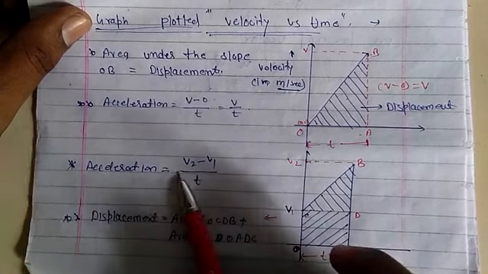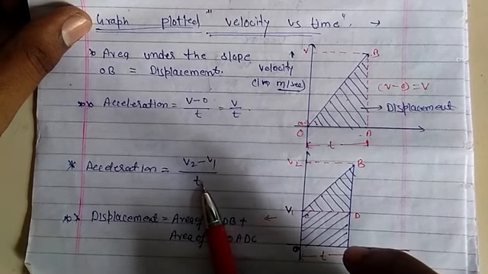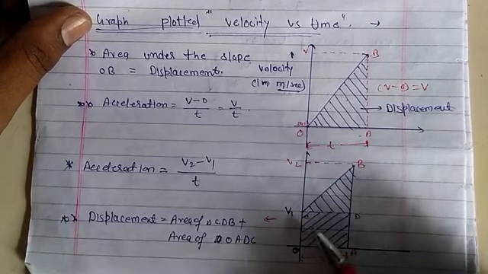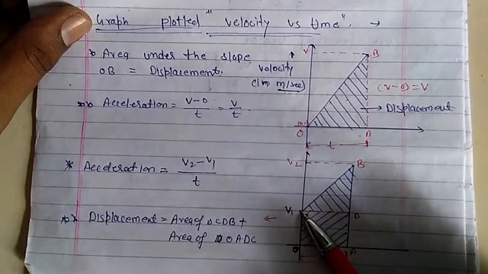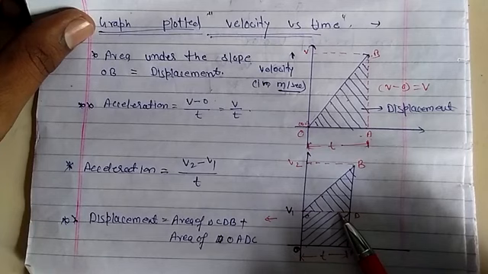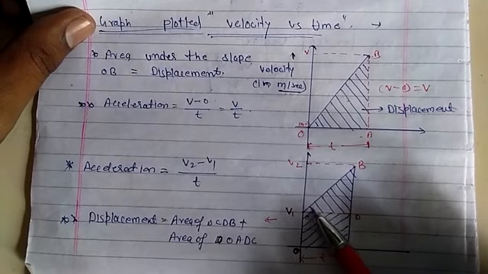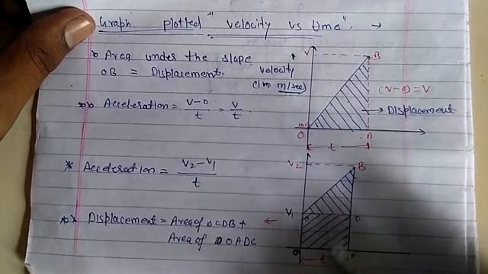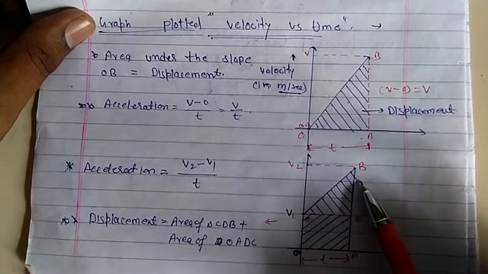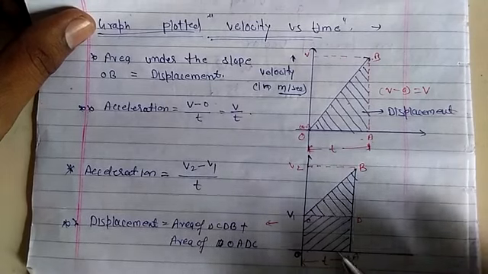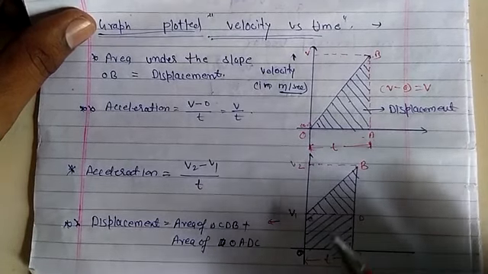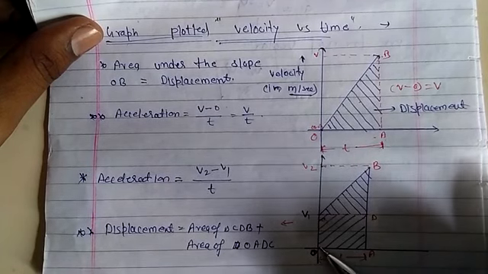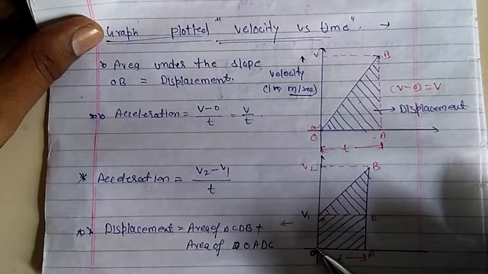Then the acceleration is equal to v2 minus v1 upon t, and the displacement is the area under the slope BC, which we can find with the help of the area of this triangle and the area of this rectangle. This total area is equal to the displacement traveled by the moving body. The point to be noted is that O is a reference point from where we measure all the distance or position of the moving body.